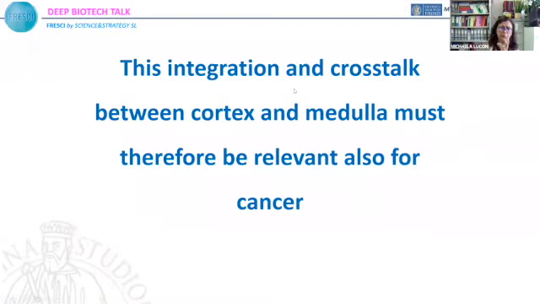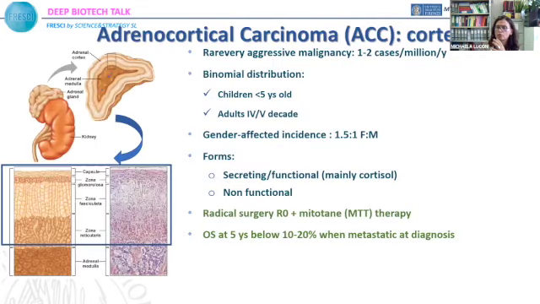And therefore, integration between the cortex and medulla must be relevant not only in the physiological situation, but also during the development and progression of cancer. These are the main characteristics of the adrenocortical carcinoma, ACC, which is a malignancy of the cortical part of the gland.